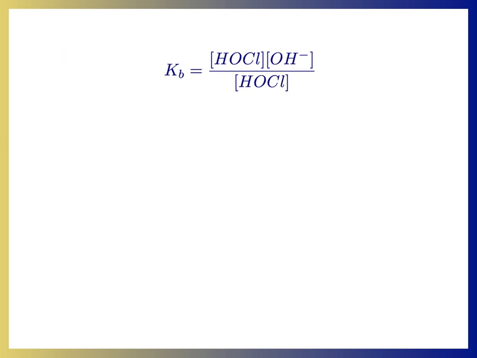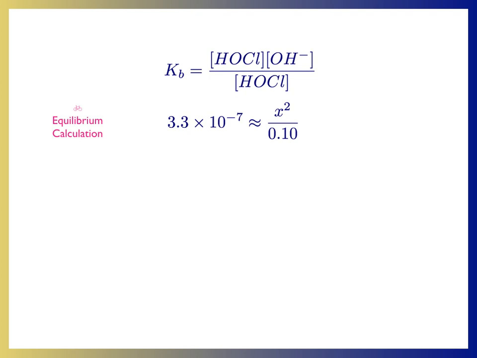Now we are ready to do our equilibrium calculation. Here's our Kb expression again. To do our equilibrium calculation, the E in BICE, we will substitute in our Kb value and our initial concentration. Our approximation tells us that we can neglect the x, the change in concentration of hypochlorite. This makes the calculation much simpler.